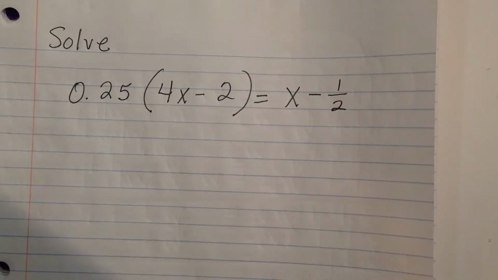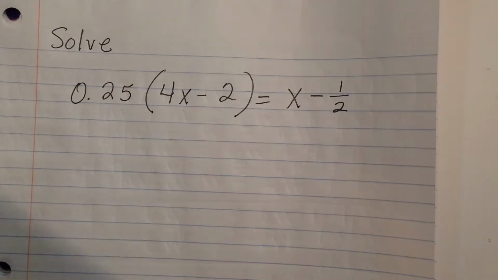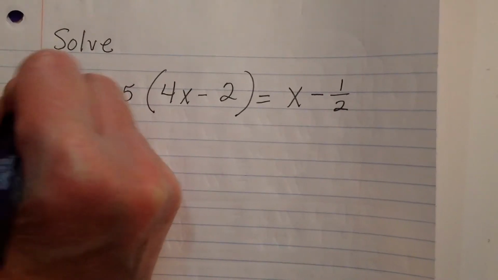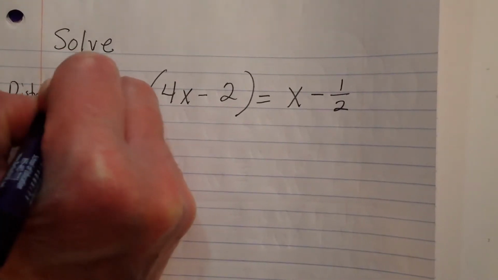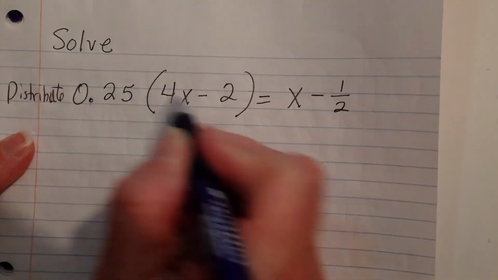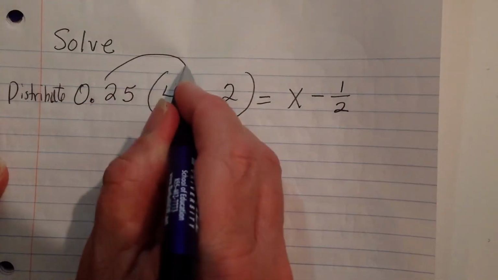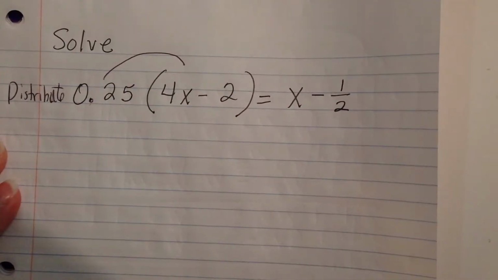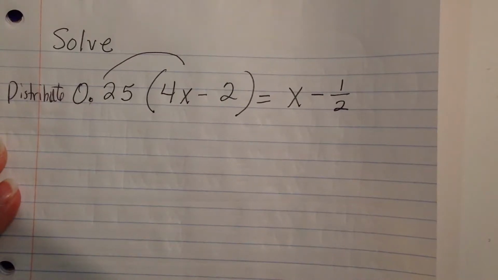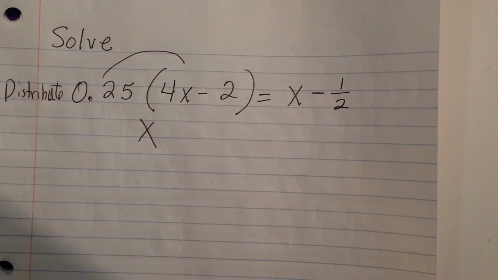Let's solve this equation. I see in this problem that I have a number out in front of the parentheses. So let's begin by distributing. We're distributing 0.25 times 4x minus 2. So 0.25 times 4x gives me x. 0.25 times 4 gives us 1x.